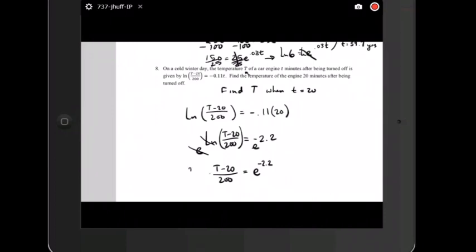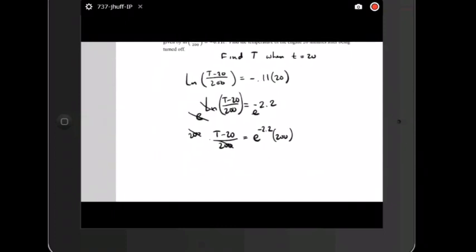Then we can multiply both sides by 200 to cancel the denominator, or clear the fraction. So T minus 20 equals 200 times e to the negative 2.2. And then we can add 20. So the temperature is going to be found from this expression, 200 times e to the negative 2.2 plus 20.